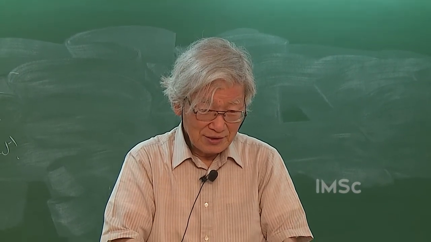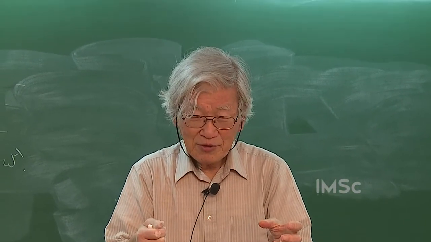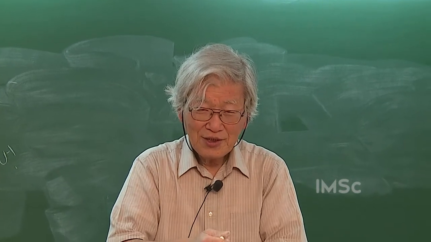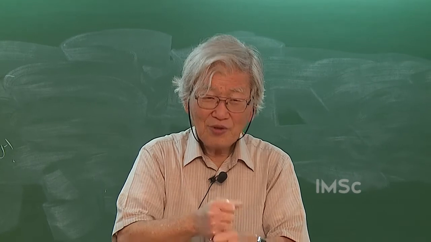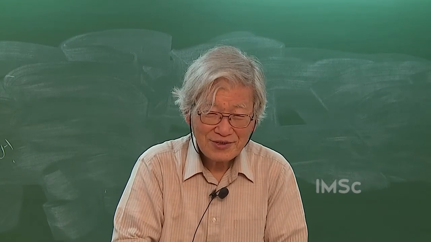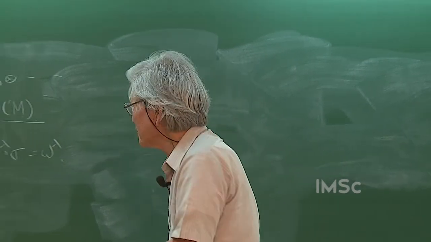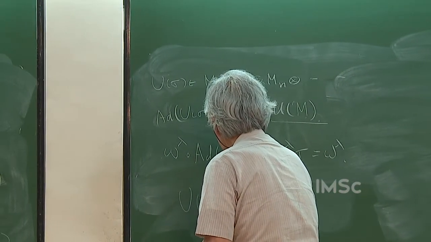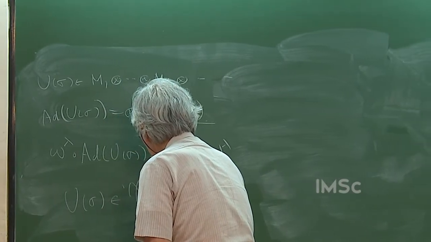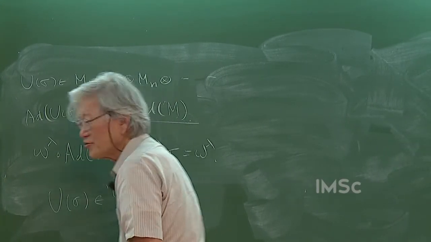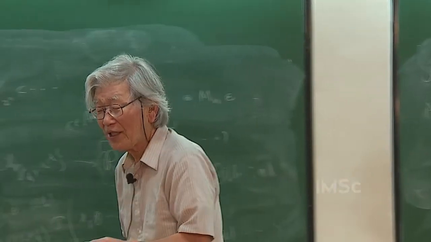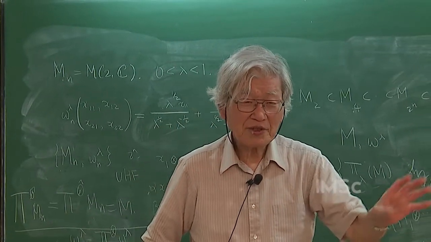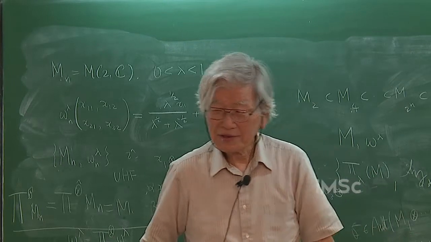What Sherman told us this morning: such a unitary belongs to the centralizer of omega lambda. So this U sigma is in R of omega lambda, the centralizer of the state omega lambda, because U sigma does not move the state.